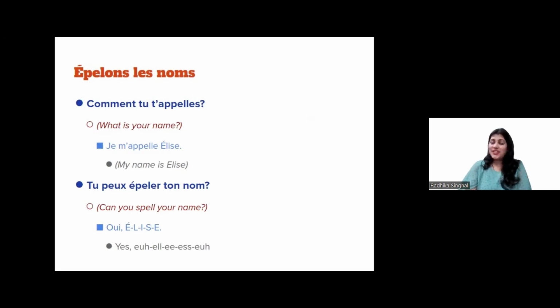Since we've learned the French alphabet, it becomes the French letter sounds. So what I want you to practice right now is, by pausing the video, take a pen and paper, write down your name, first name only, find out the pronunciations of those letters, and try to practice spelling your name using the French alphabet.